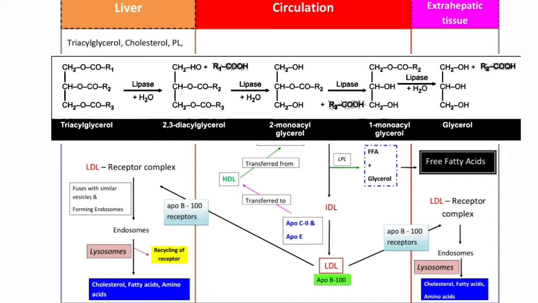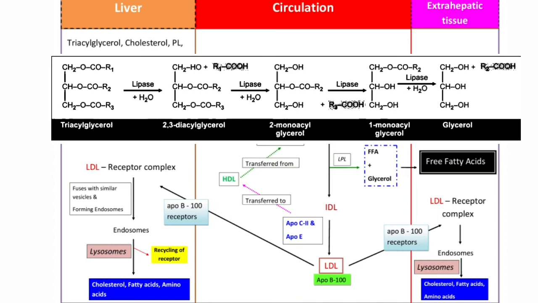Initially, lipoprotein lipase acts on triacylglycerol and converts that into diacylglycerol, releasing one fatty acid. Again, lipoprotein lipase acts on diacylglycerol and releases one more fatty acid and forms monoacylglycerol. This monoacylglycerol in the next reaction is again acted upon by lipoprotein lipase to form glycerol plus fatty acids.